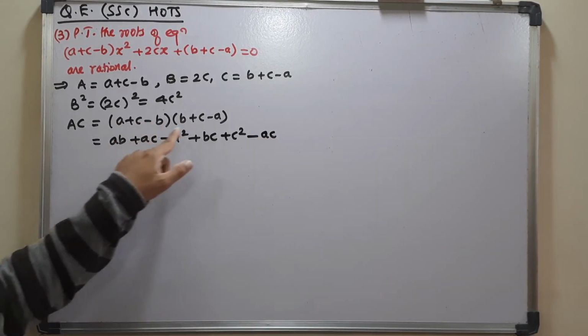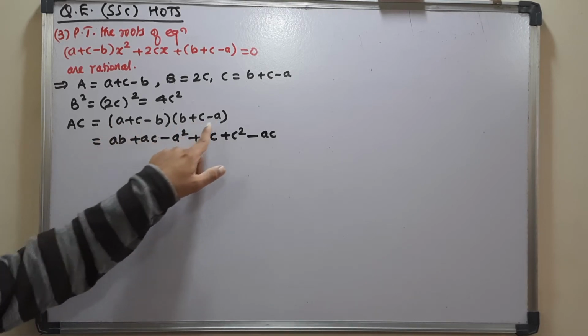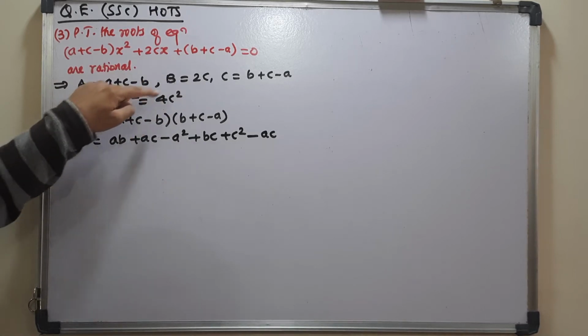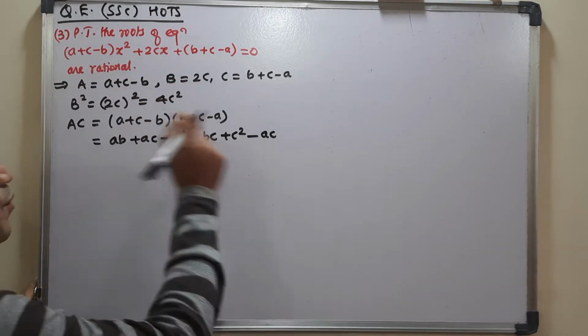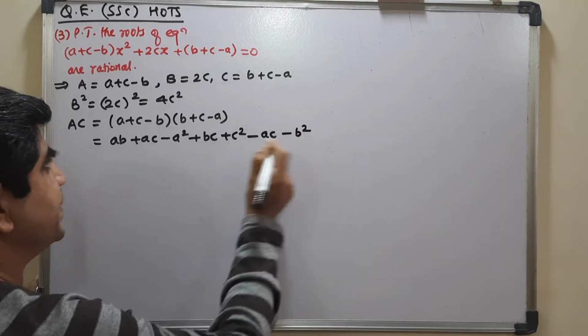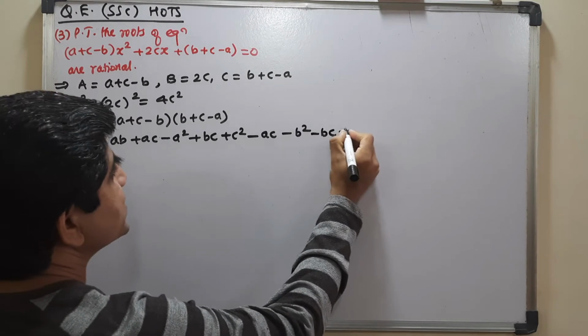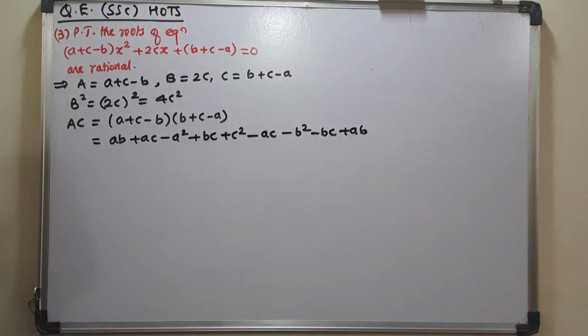AB plus AC minus A square. Now with C, CB plus C square minus CA. Now with B, minus B square minus BC plus AB. Just see if anything vanishes.